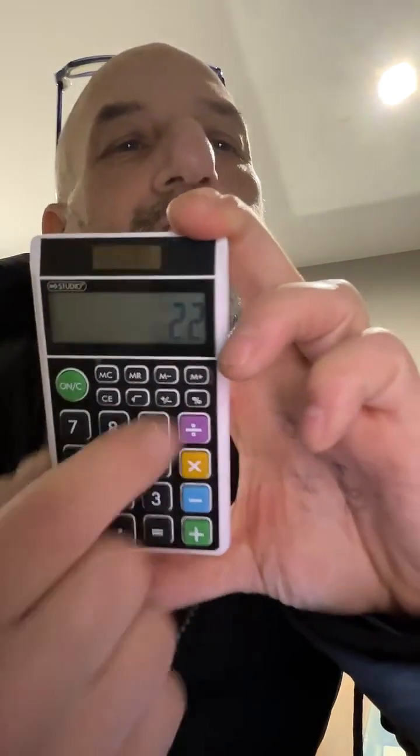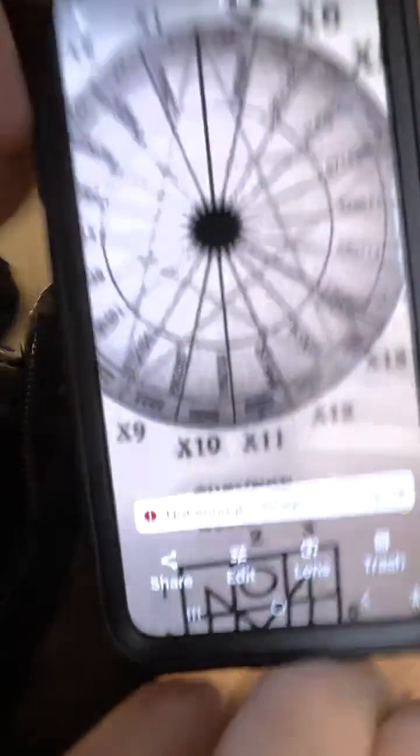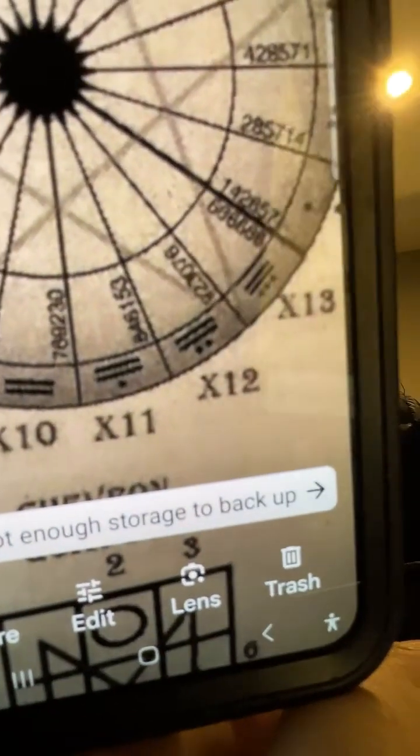When I go to 22, okay, this one I do a little bit different, check. 22 divided by 7 equals 3.1428.